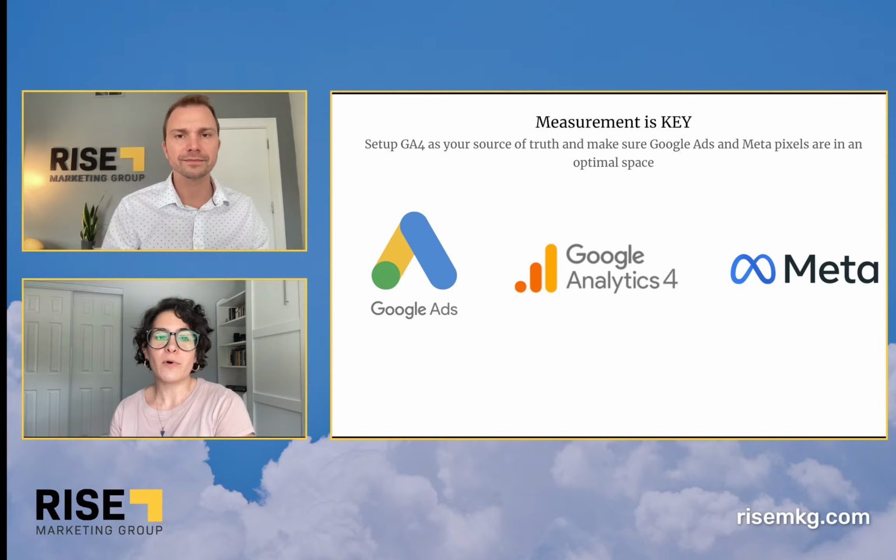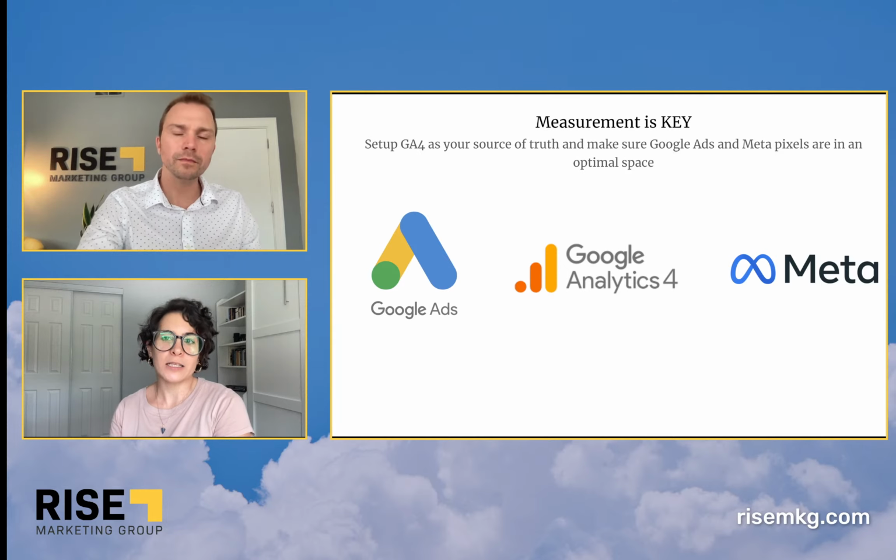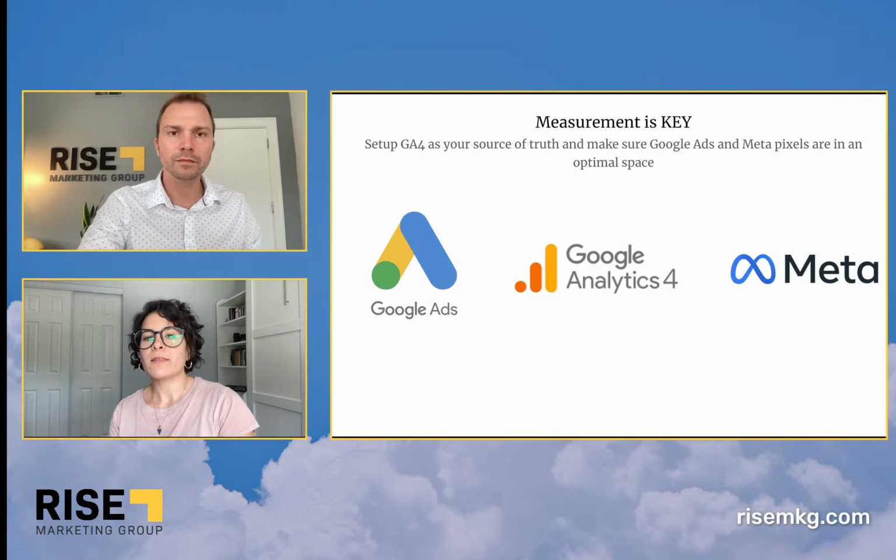Another important thing: when you have a super high level of ad spend, you may want to think about third-party data platforms like Hero, Cometly, Triple Whale. The reason is, as you might know, Google Ads, Meta, and Google Analytics all have different attribution models, and you might see discrepancies between conversions attributed to one campaign versus another, or one channel versus another.